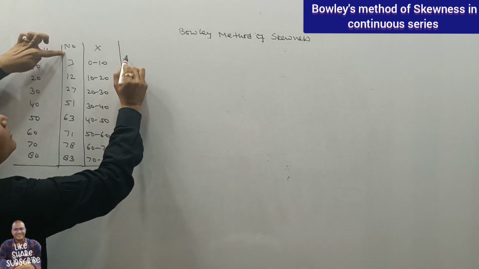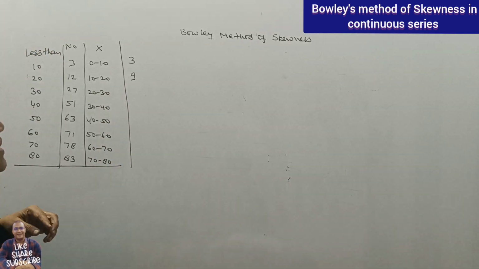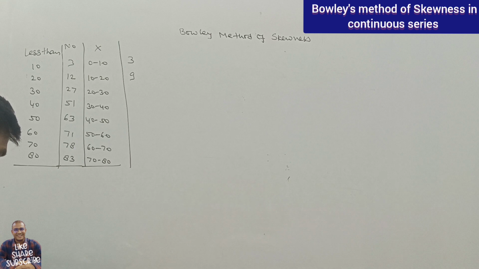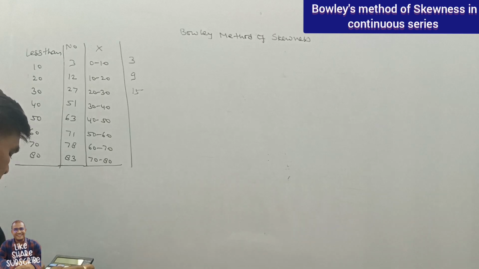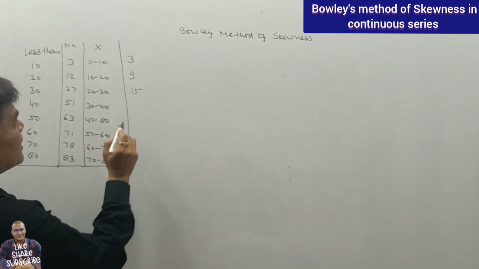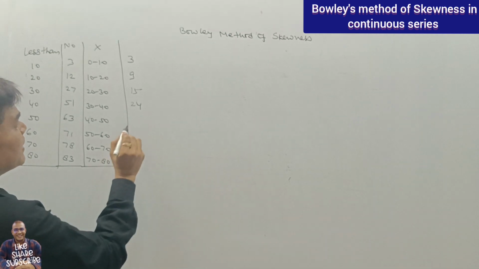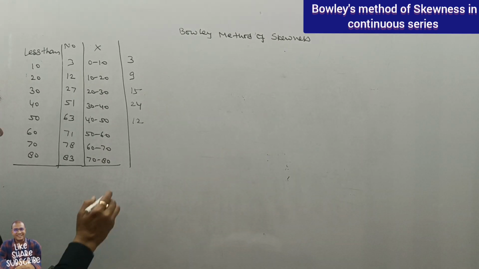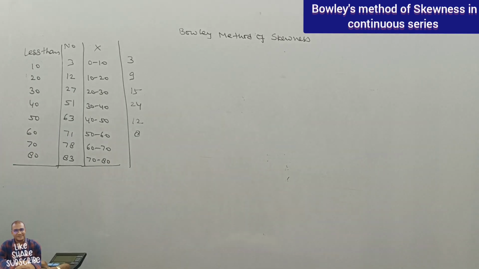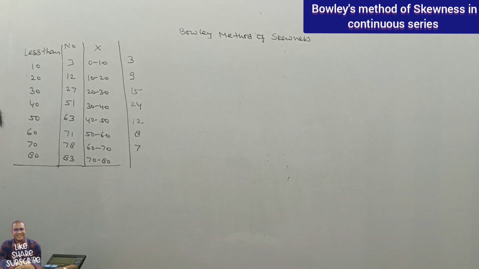This is the CF given. So 3, 12 minus 3 is 9, 27 minus 12 is 15, 51 minus 27 is 24, 63 minus 51 is 12, 71 minus 63 is 8, 78 minus 71 is 7, 83 minus 78 is 5.